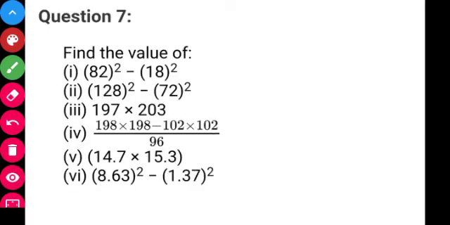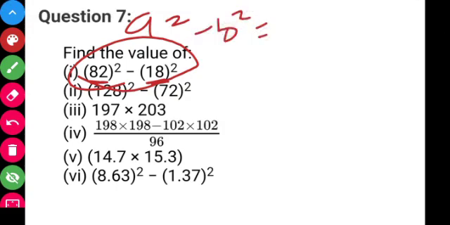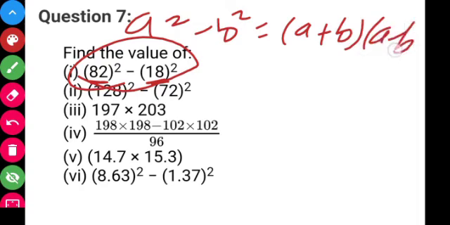Next, question number 7. It is given, find the values of this. The first part is 82 square minus 18 square. You know this is in the form of a square minus b square, and a square minus b square is equal to a plus b into a minus b.